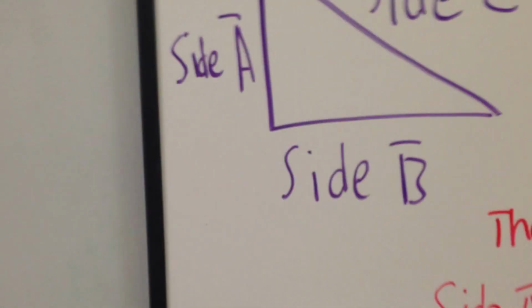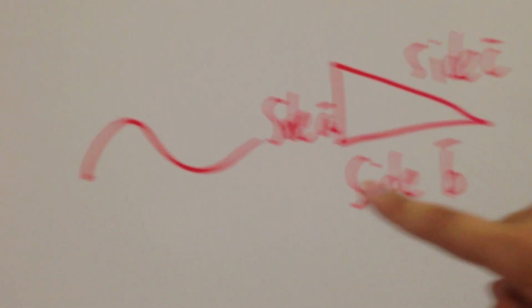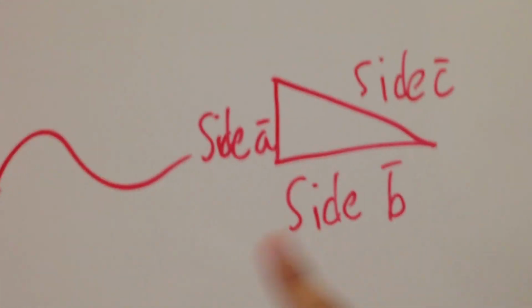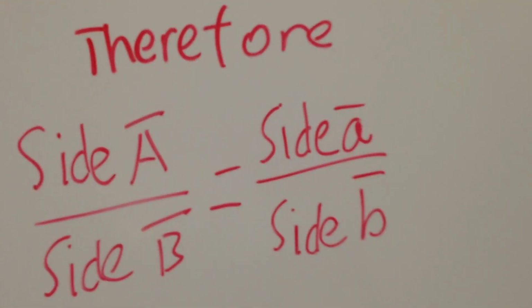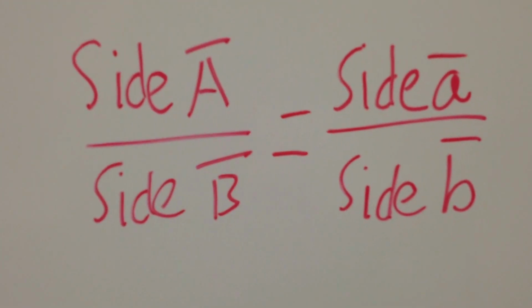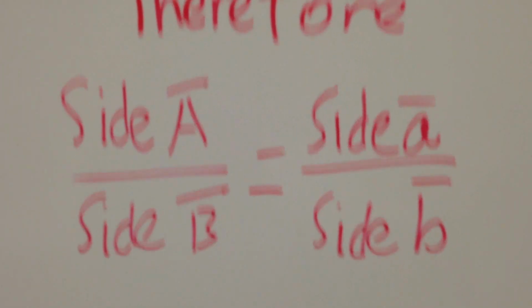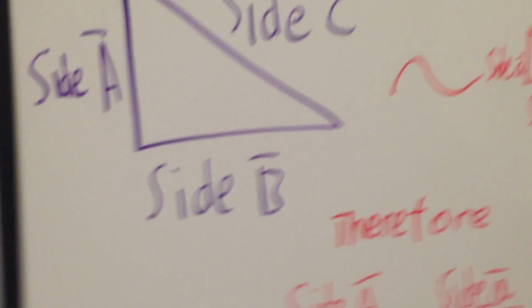Therefore, side A over side B, their proportional is the same. They're side proportional. What that means is the same side from the similar triangle divided by the same side of the same triangle is the same. Like this, side A over side B equals side little a over side little b. And this happens all the time.